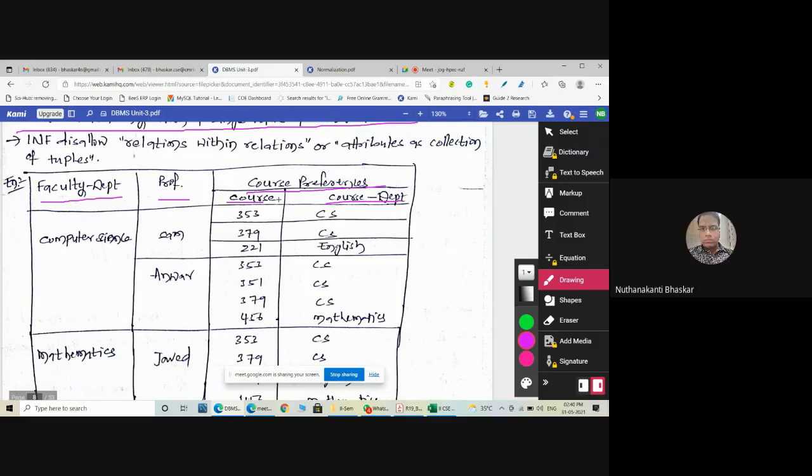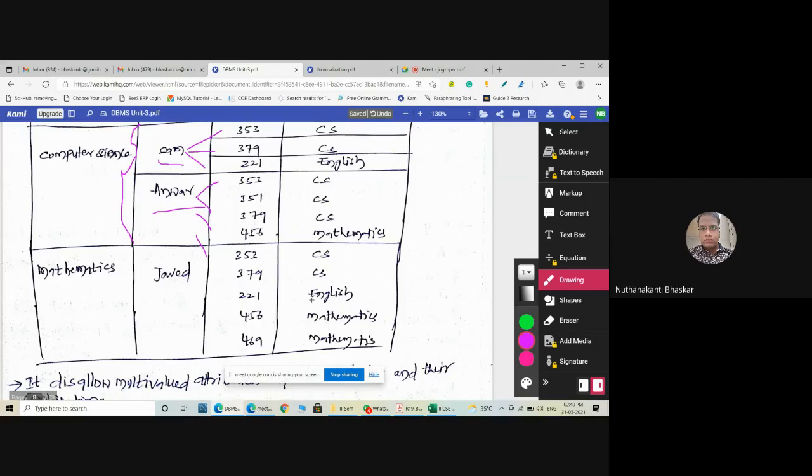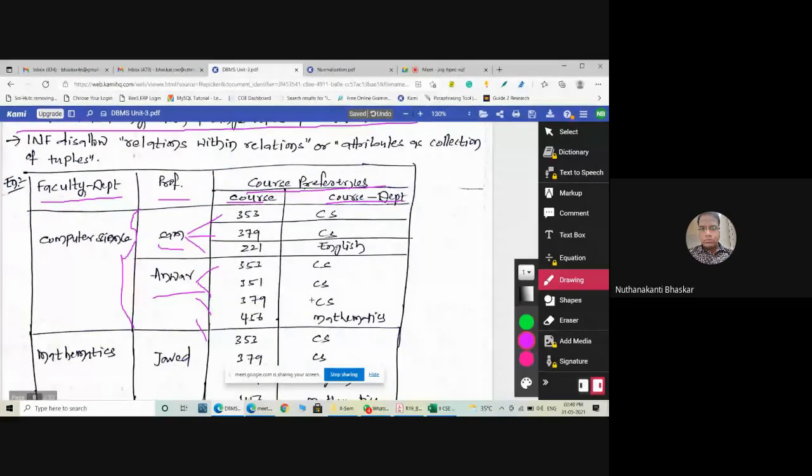Now the professor, maybe faculty, all computer science related faculty I will take in the first column: Sam and Anwar. Sam is going to handle three courses. Anwar is going to handle some other courses. Like that, we construct one table. Is this relation in first normal form? No, sir. Why no?